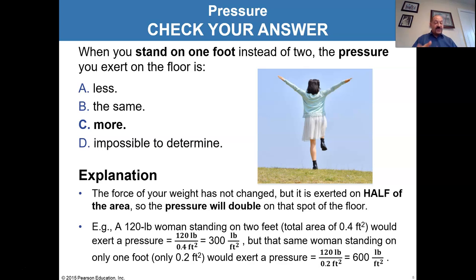That's her pressure, because it's a force per area. But when she stands on 1 foot, she cuts her area in half. So now instead of 120 divided by 0.4, it's 120 divided by 0.2. And now her new pressure is 600 pounds per square foot. She's doubled her pressure. The force is exactly the same, but it's exerted on a smaller area.